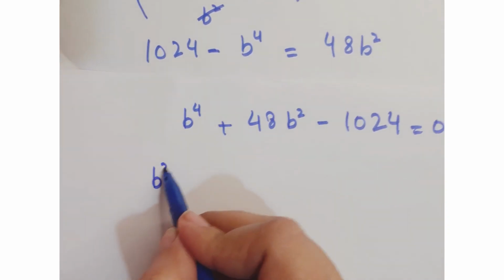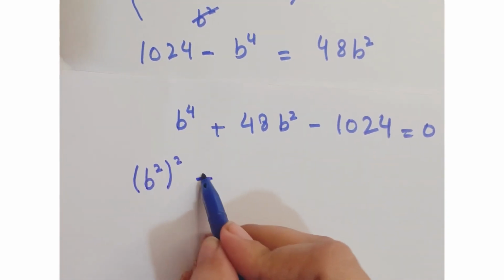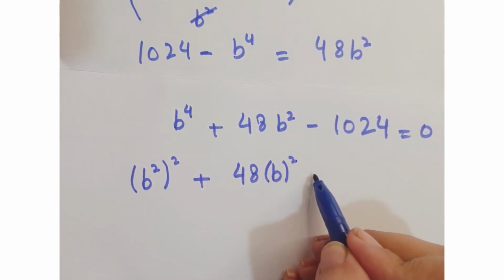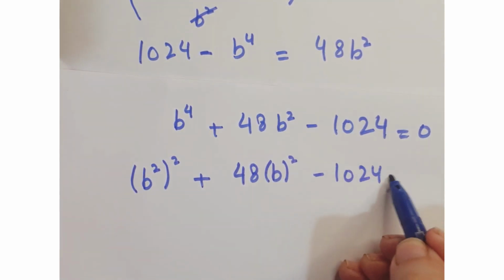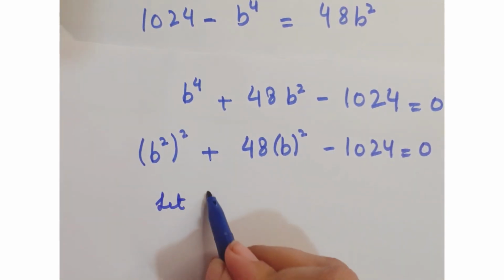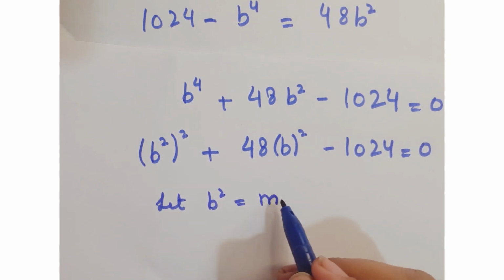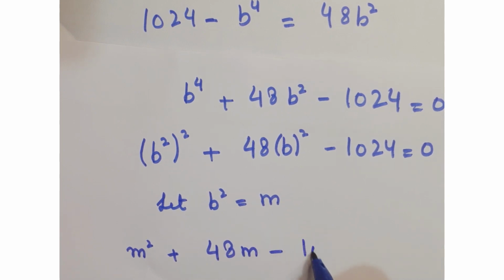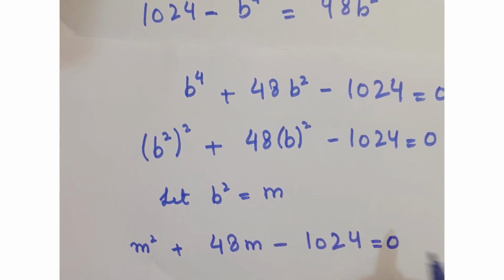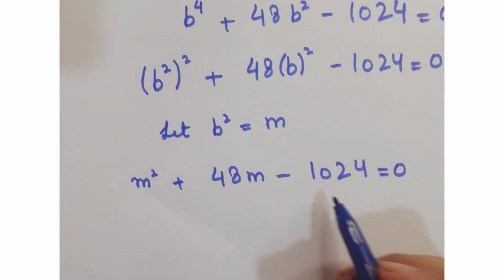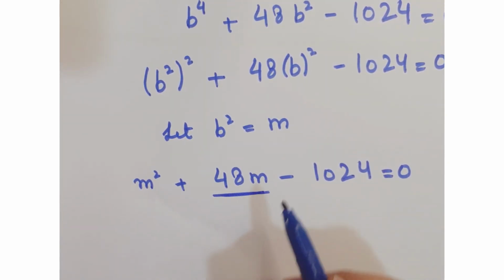Further, you can write it as (b square) whole squared plus 48 b square minus 1024 is equal to 0. Now let's assume that b square is equal to m. So here you get m square plus 48m minus 1024, which is a quadratic equation.